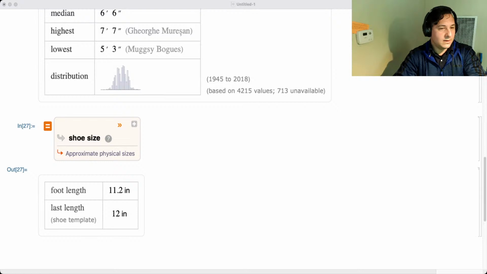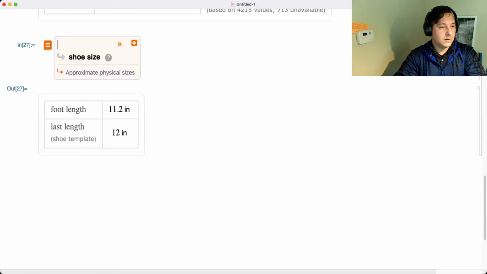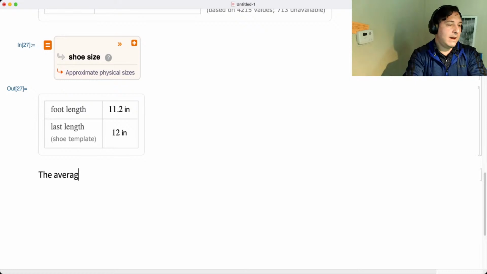Okay, I've got 254 pounds. Holy shit. No, 245 pounds. Okay, so let's type this down. The average NFL player weighs 245 pounds, approximately.